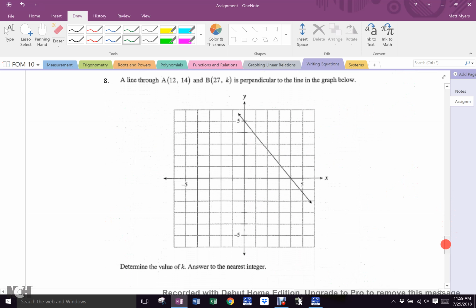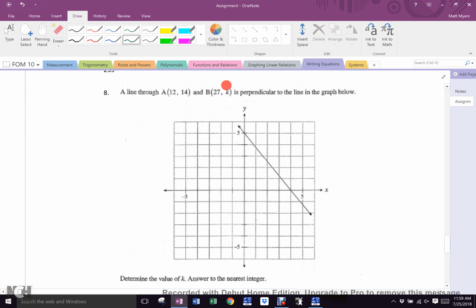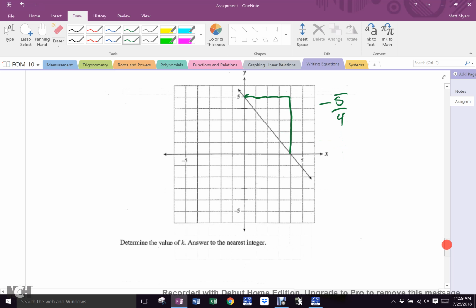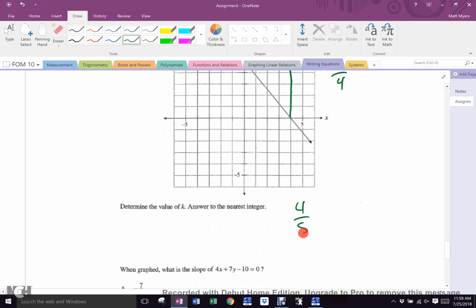And finally, determine k if it's perpendicular to this. Well, this slope is negative 5/4. So what slope do I need? 4/5.